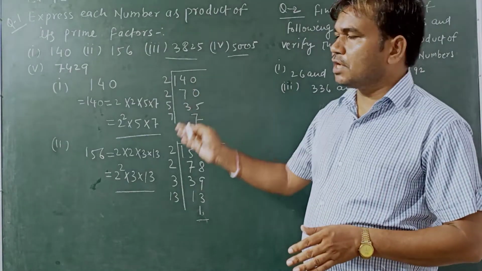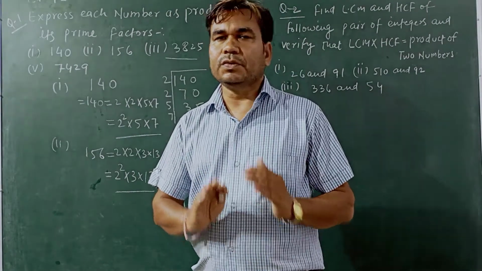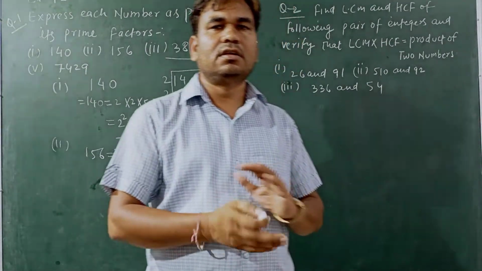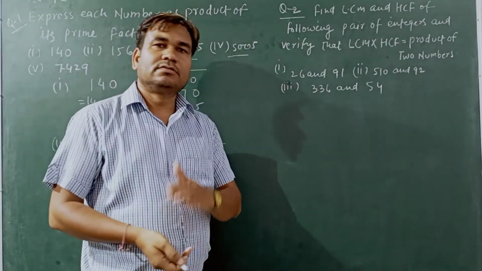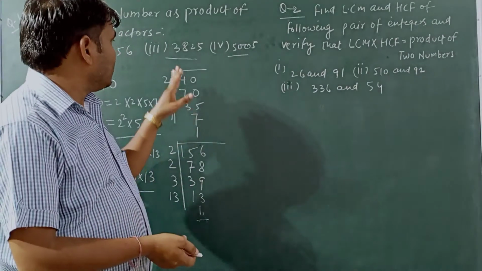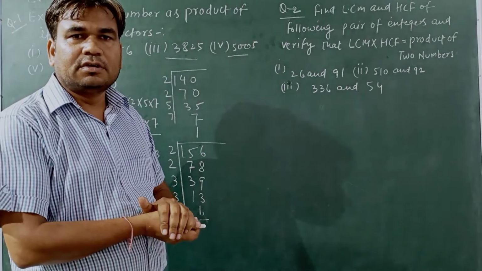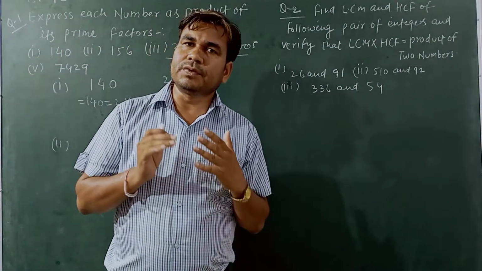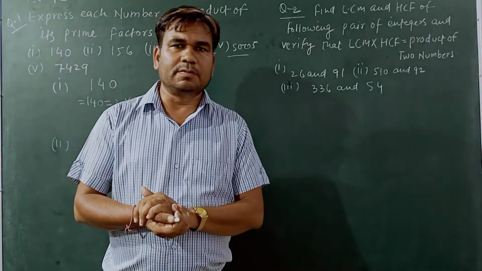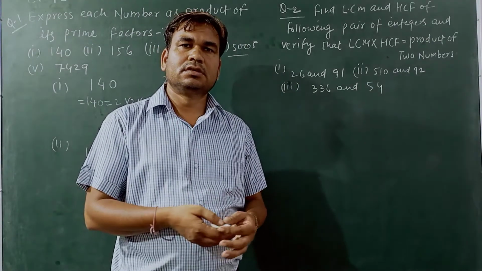So this is question number 1. I hope you understood well. The remaining parts, third, fourth and fifth, you can do yourself. If you feel any kind of problem, you can ask me later.